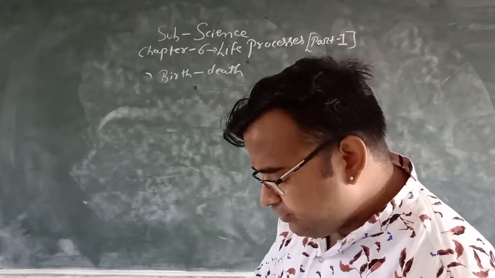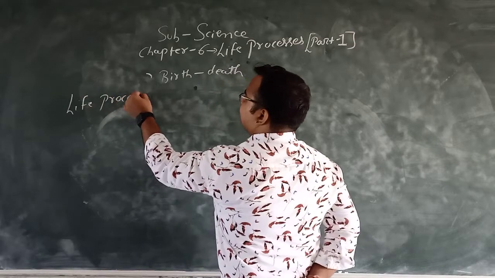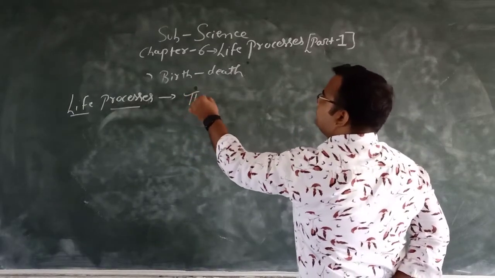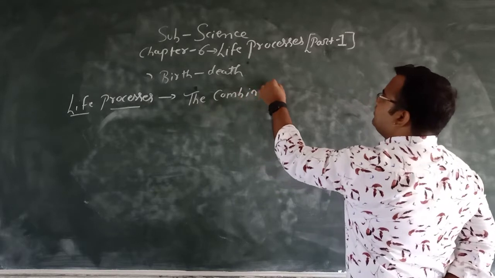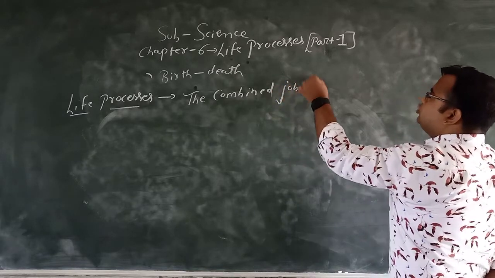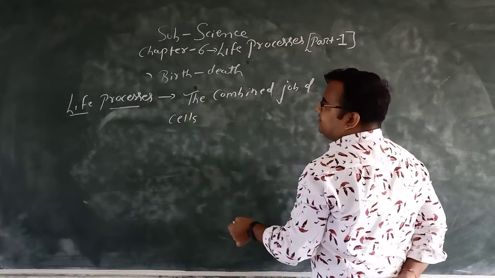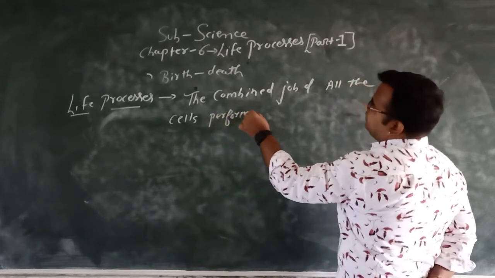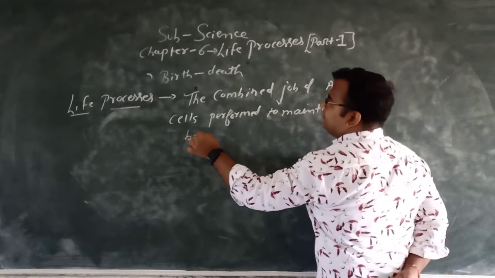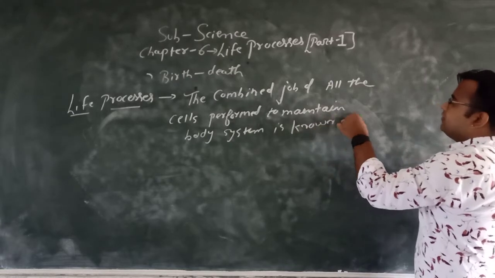So, how can we define the life process? We can define the life process as the combined job of all the cells performed to maintain the body system.